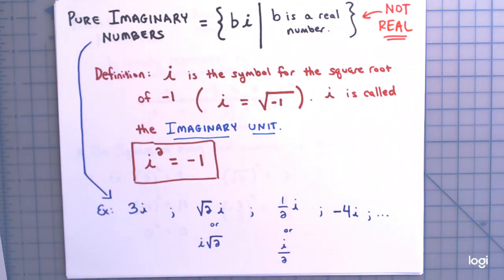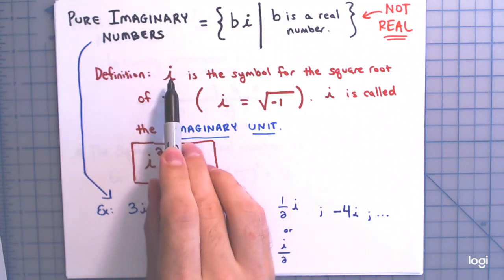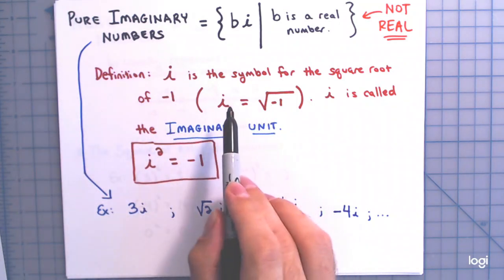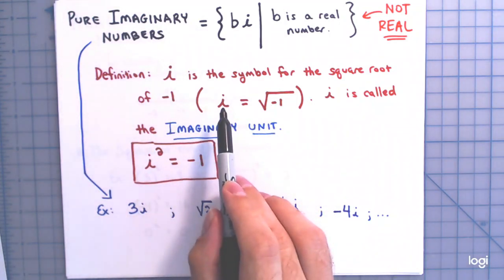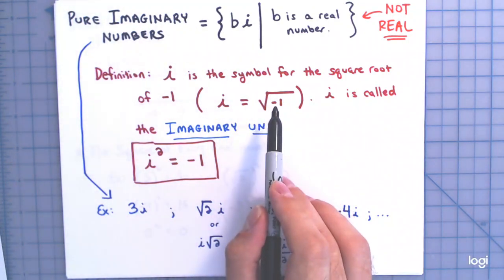Remember on the last page I mentioned, when you square a real number, it's not negative. This is representing a number that when you square it, it's not positive. Now they might also symbolize it this way. Instead of the letter i, you could see the square root of -1.